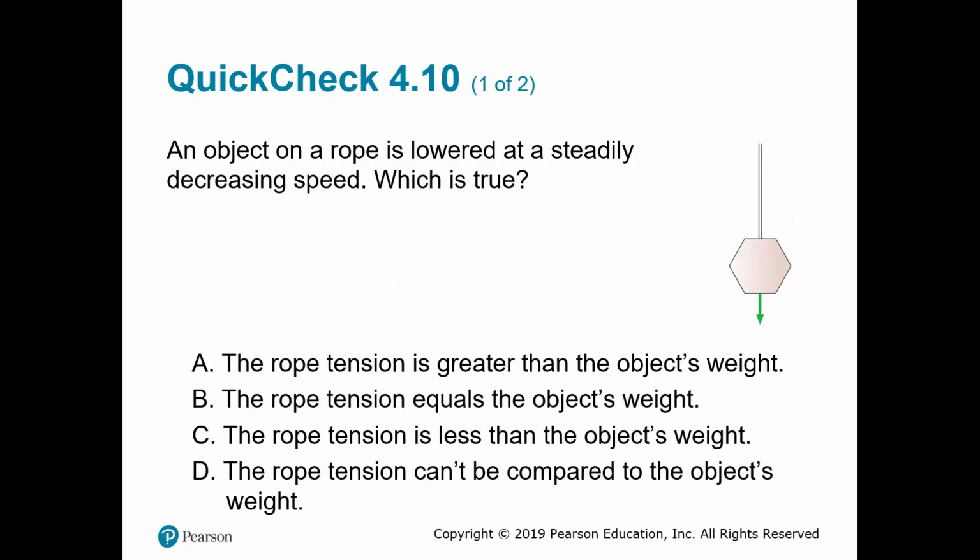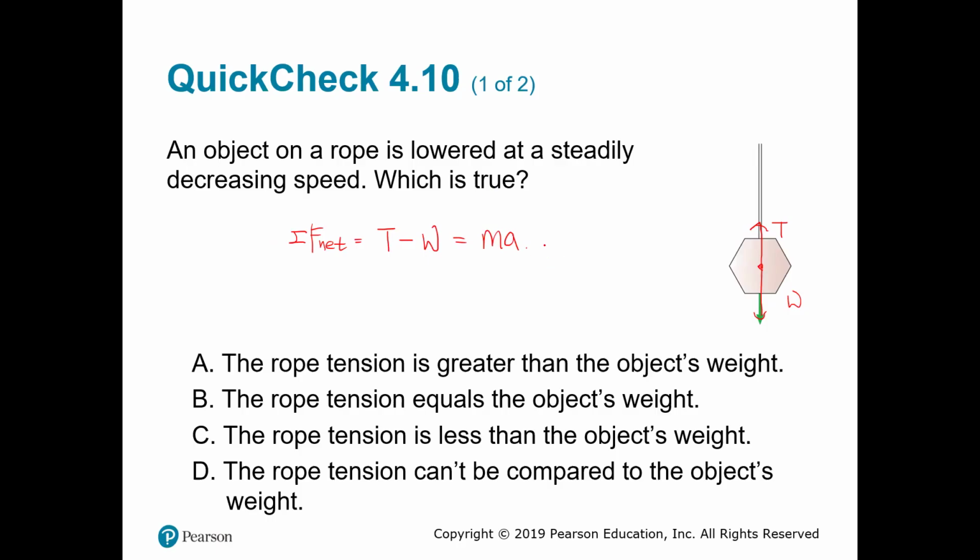Now, this is a little trickier question. Same situation, right? The net force acting on this object is again tension acting upward, weight acting downward. So again, F net is tension upward, weight downward, equals again ma.